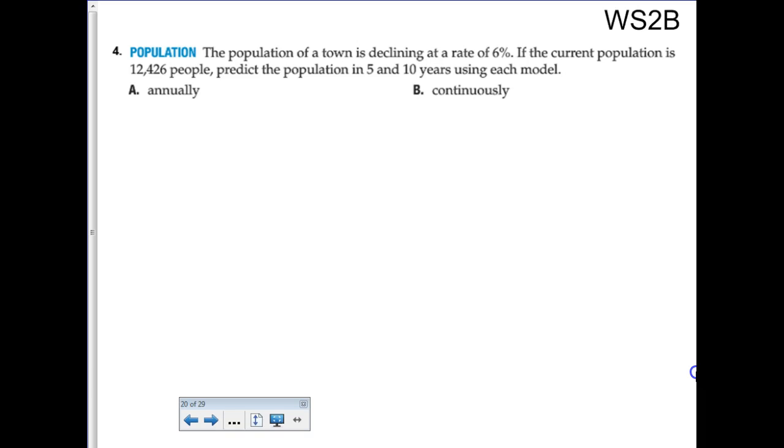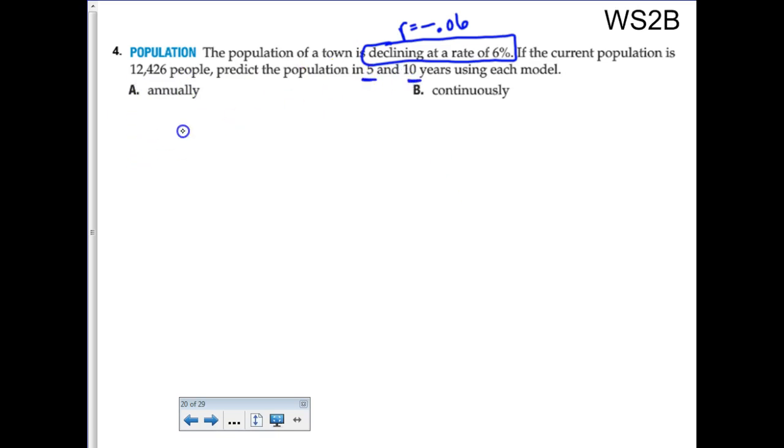All right. So this town is actually decreasing its population every year, and it's declining at a rate of 6%. So just remember when we're in our formula, since it's declining, it's going to be negative 0.06. So if we started with 12,426, predict the population 5 years later and 10 years later.